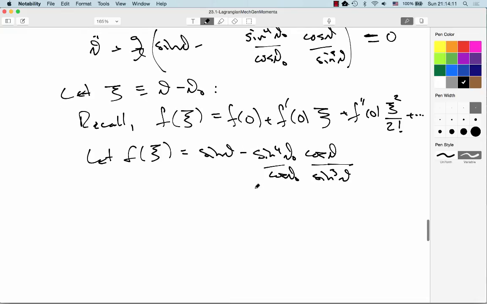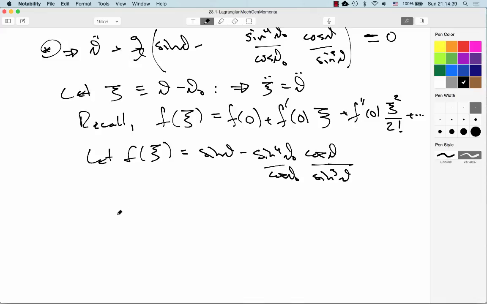So then we can recast our star, what star has become. So this is our most recent version of star, right? We can recast it, noting that xi equals theta minus theta naught, so the first and second derivatives of xi and theta have to be equal.